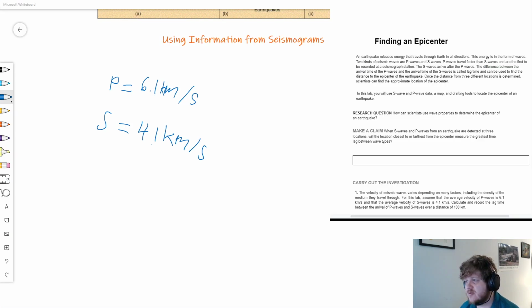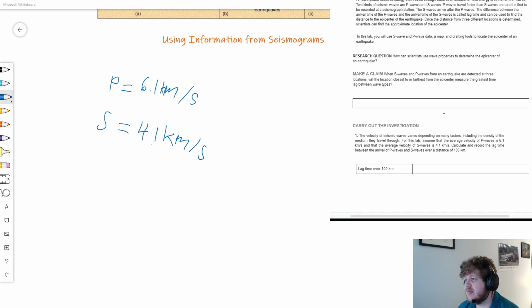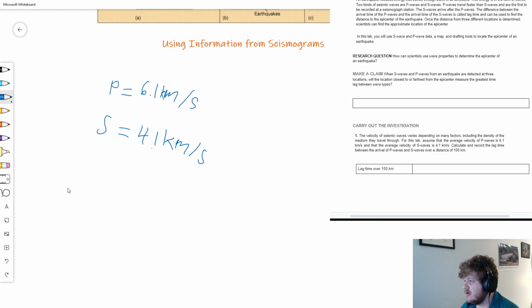So, we have our two waves, and what we want to calculate is how much time difference there is between the P waves hitting and the S waves hitting over a distance of 100 kilometers. One way we can do this is to remember our old equation, v equals d over t.